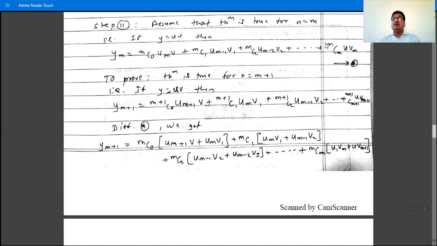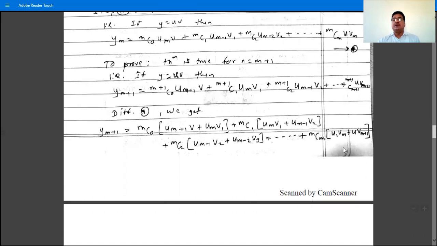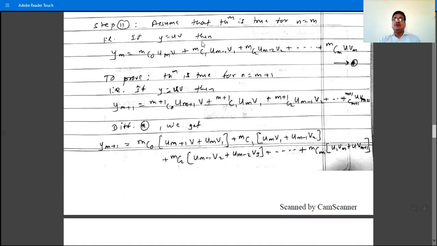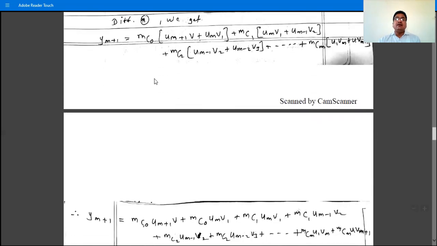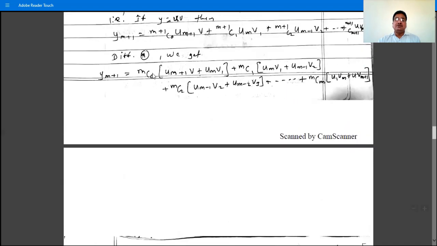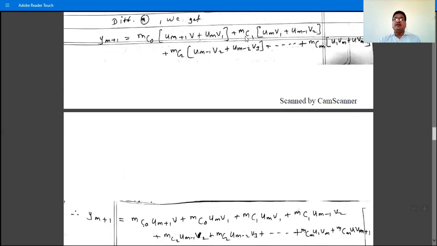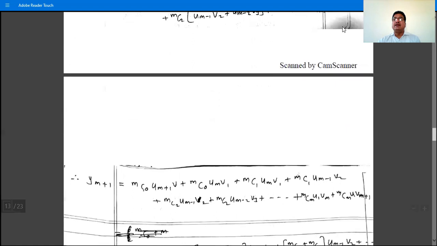Plus so on, plus mCm, a constant, and the derivative of u vm again by the u into v rule. First write the derivative of u, which is u1, vm as it is, plus u as it is, and the derivative of vm is v(m+1). So this is the derivative of equation star. Then multiply by mC0 in the bracket, mC1 in the bracket, mC2, up to mCm in the bracket.